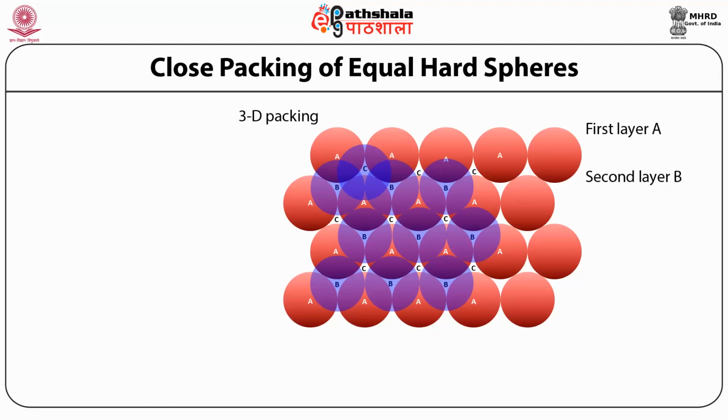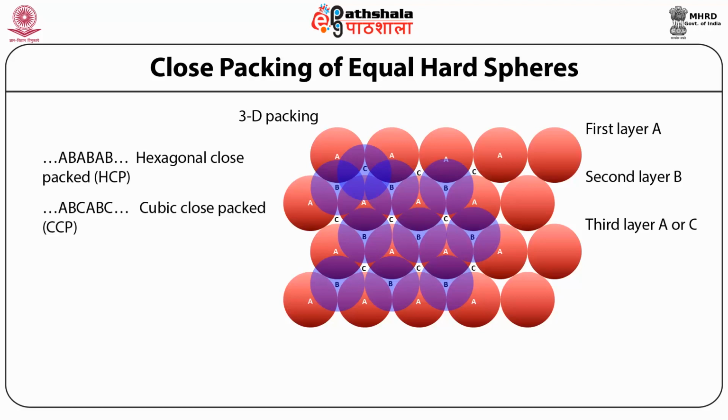After forming the second layer B, the third layer A or C can also be formed by putting the atoms over C. So, this is a close packed crystal with two possibilities. If the possibility is AB, then it is hexagonal close packed, and if it is ABC, then it is cubic close packed.